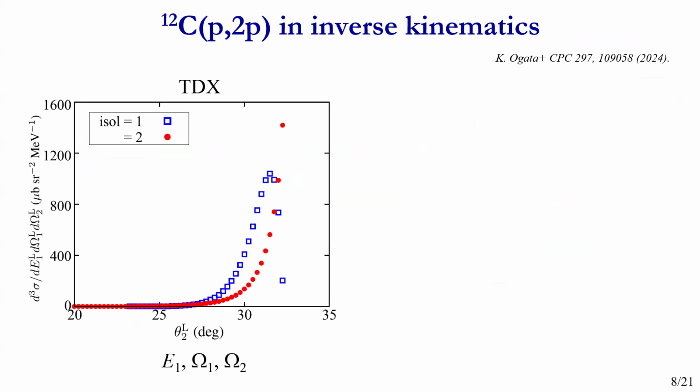This is plotted as a function of theta 2. And in some region, you have 2 values of the cross-section. That means there are 2 solutions of the kinematics. And it is not easy to see from the figure, but at some theta 2, the cross-section diverges. This means that choosing these variables is not good in inverse kinematics.